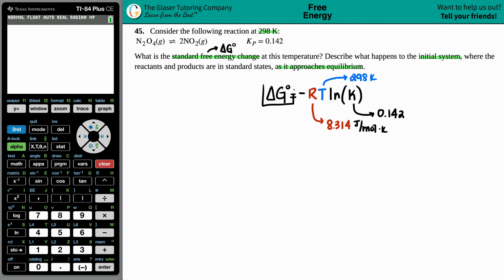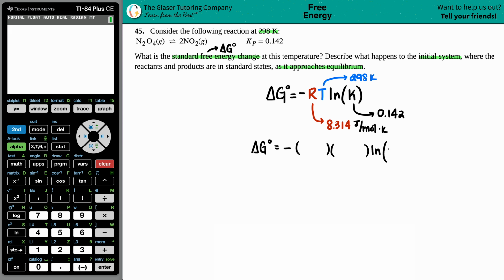And look, we have all of our values. We have our R, T, and K. The natural log, ln, is on the calculator. So let's just plug it in. Delta G would be negative. That's in the formula. Let's just set this up, right? We have the ln of 0.142. And then we have those two other values, R, which is 8.314, and then the temperature they told us was 298.